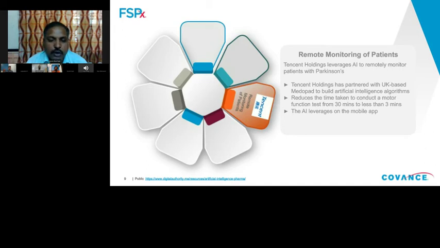And this will also help in reducing the time of the traditional motor function test, which takes around 30 minutes to complete. By this app, it can be completed in 3 minutes. By looking into the image or the video, the doctors can set new drug doses for the patients if it is going worse.